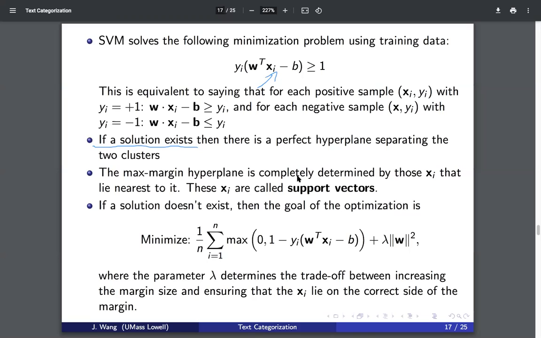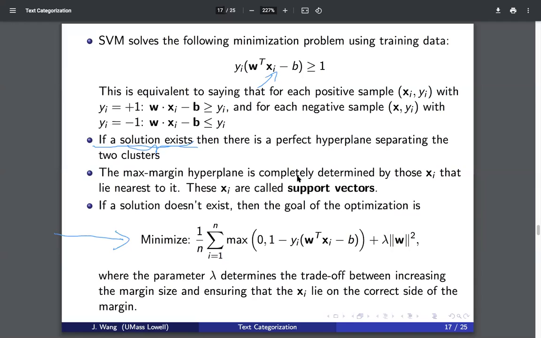But this may not always be the case. If you assume they are almost separable by a hyperplane, meaning you allow some errors, then you can still do this.